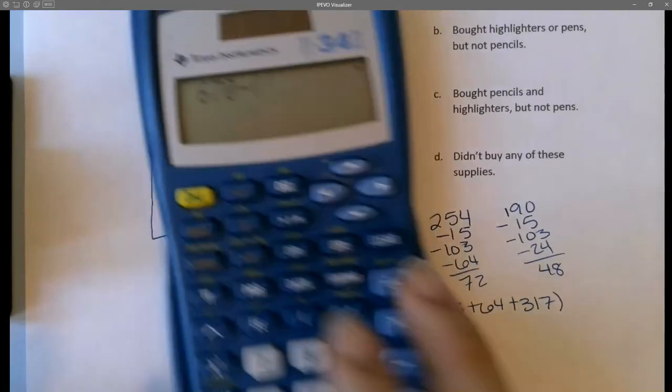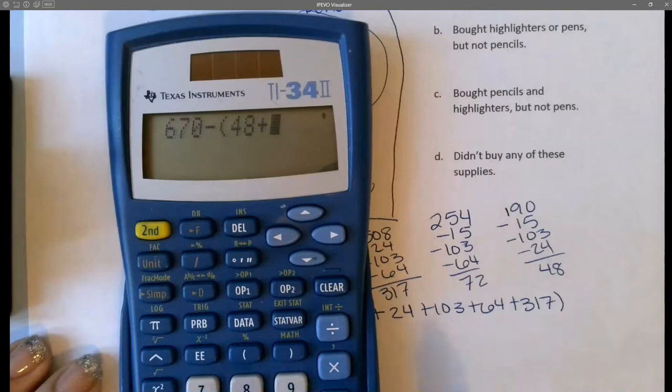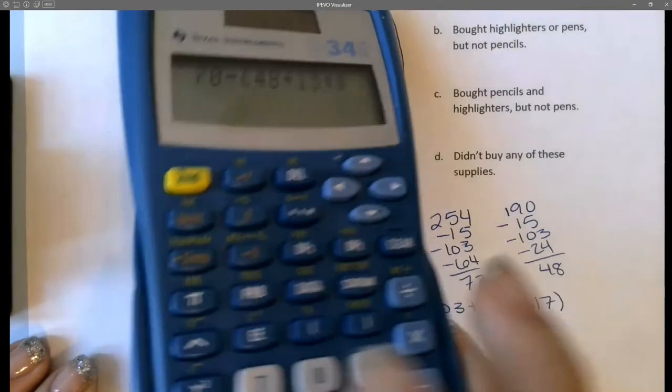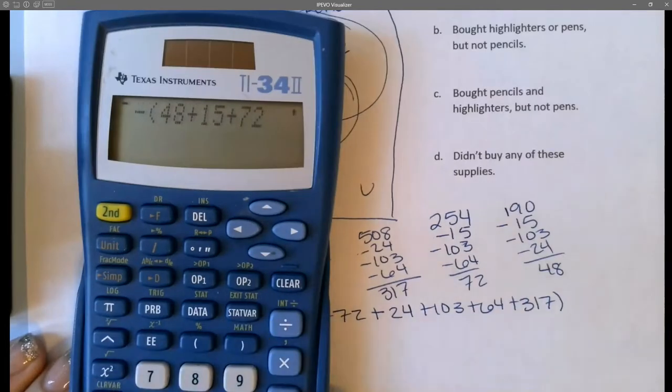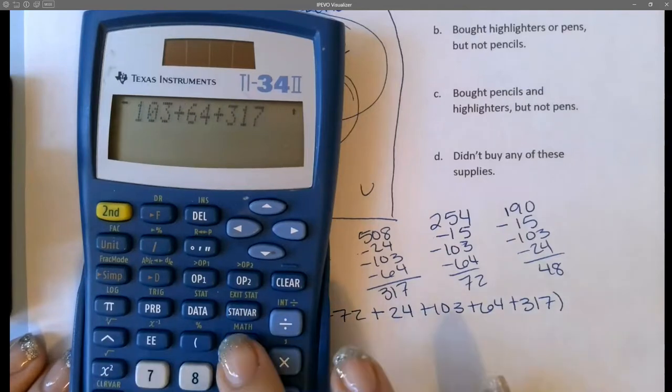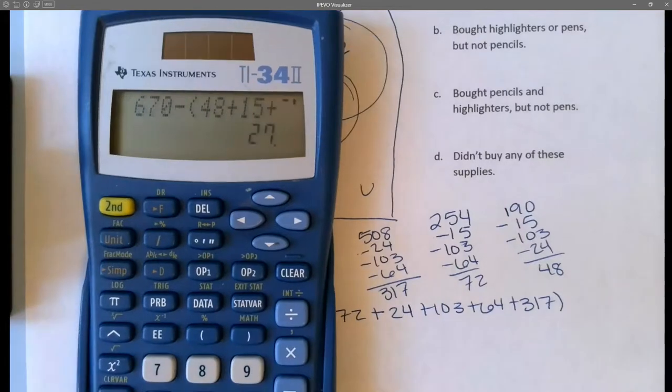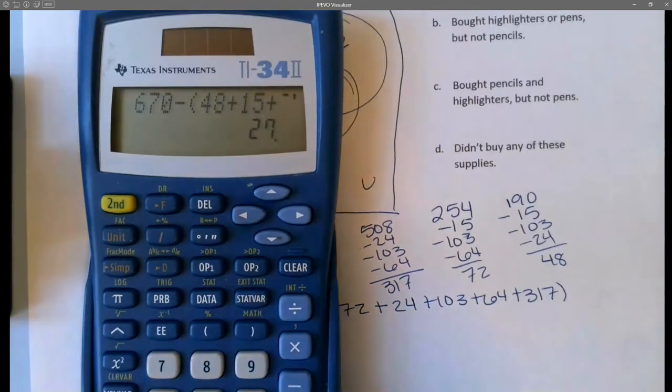So then I want to press that. 48 plus 15. I have to be careful on this calculator. The buttons don't press as nicely. And then I just want to close my parentheses at the end, and it gives me 27.